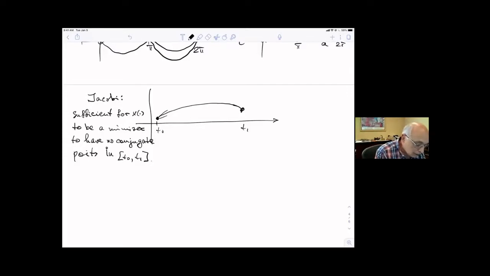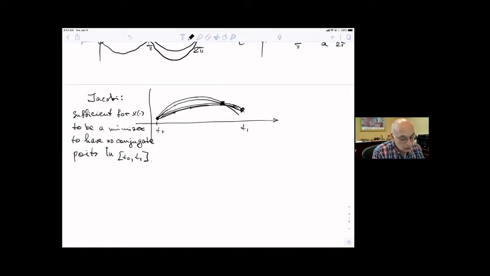Take different solutions with the same initial value, but with different initial slopes. It's a second order ODE, and the solutions can behave like this, right? You see, these nearby solutions may or may not cross the main solution.